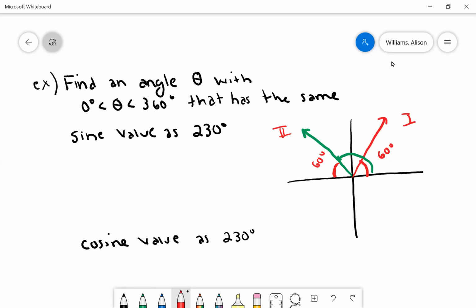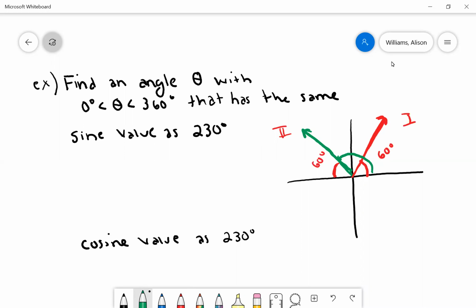Now, what's cool about this is that if you were to take the sine value of the first angle, this red angle right here, it's going to equal the sine value of this green angle right here. Why?